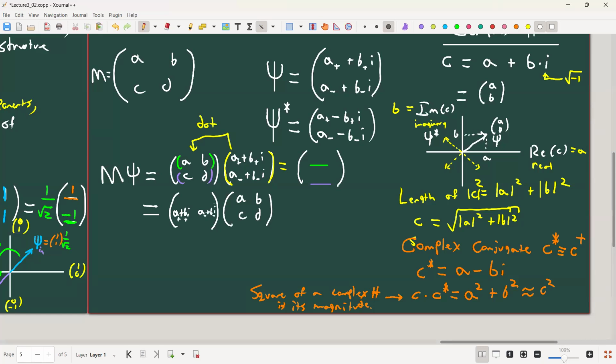So this is a column, and then this is a row. Oh, and I forgot, sorry, they need to be the complex conjugates. I apologize. So this is a plus minus b plus i and a plus minus b minus i.